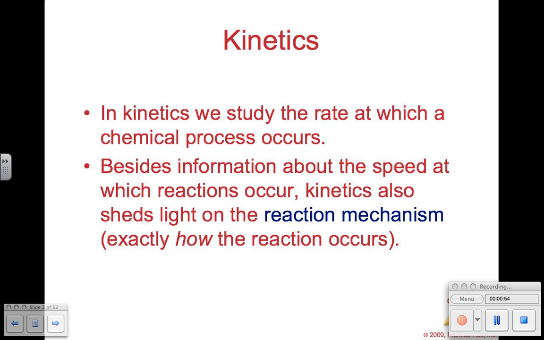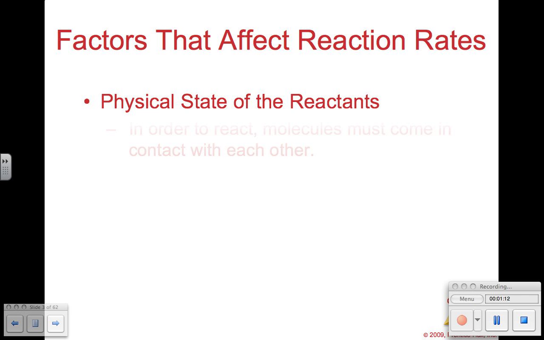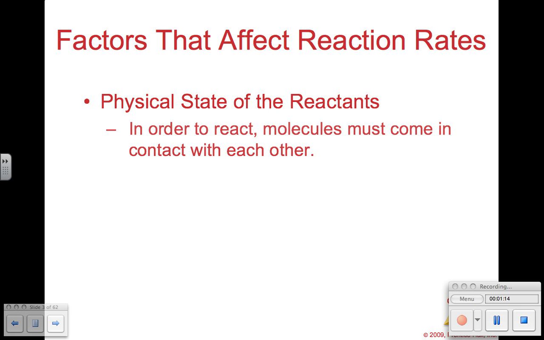Like how do atoms come together? How are they breaking apart? Because some of the kinetics can explain or lead us to have a better picture of what might be occurring when bonds are being broken and new bonds are forming.